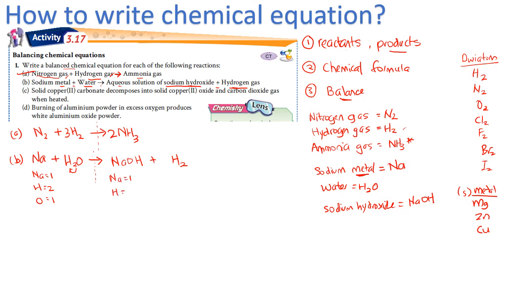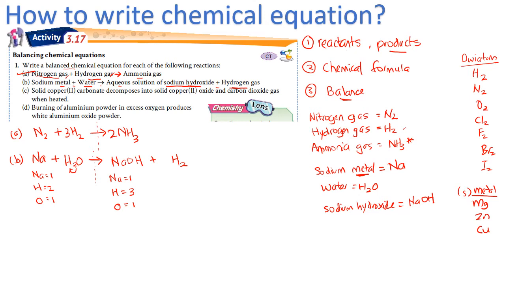Hydrogen, you got 1 here and 2 here, so 1 plus 2 is 3. And then oxygen, you got 1. Now sodium is balanced.